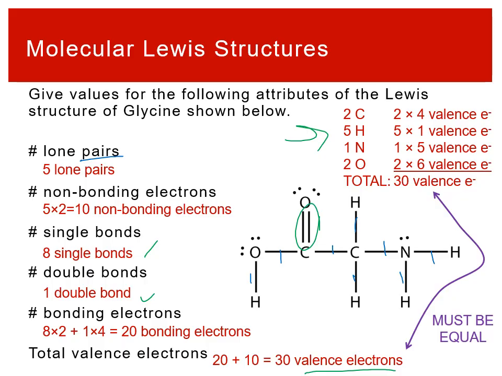Are all of the electrons that are supposed to be in the molecule there? All of the valence electrons that came in from the atoms, have they been assigned to a bond or a lone pair somewhere? That's something that always must be true. A Lewis structure is automatically disqualified as being accurate if it doesn't have the right number of valence electrons. You can't just make up what the molecule is. Those electrons have to be there, assigned to something. Lone pair or bond doesn't matter, but it has to be there.